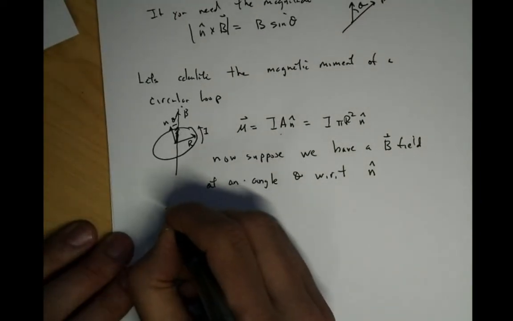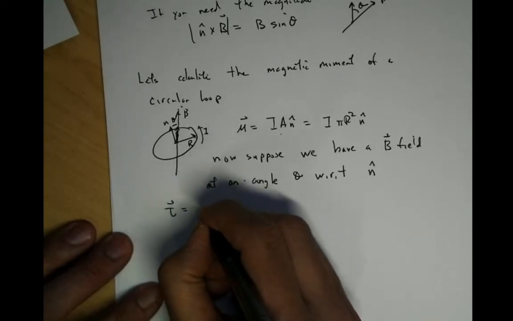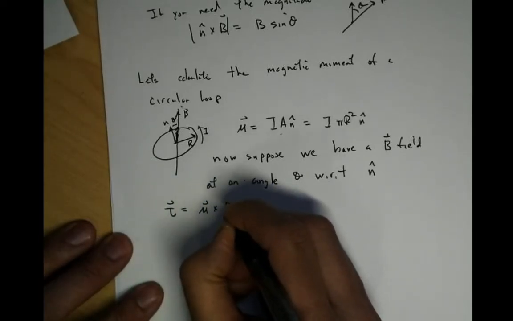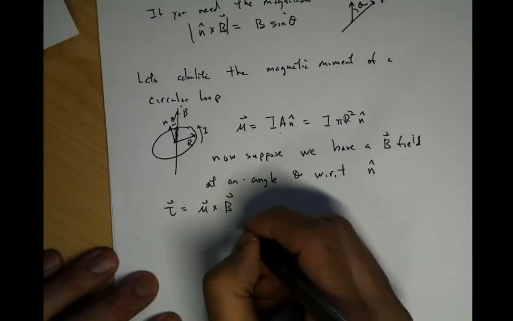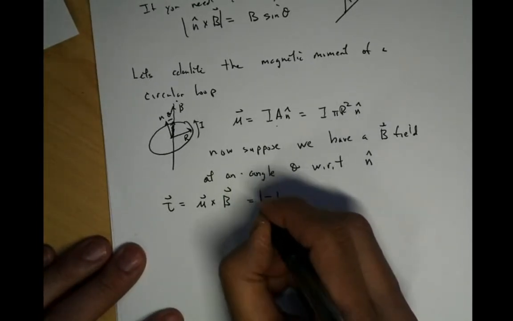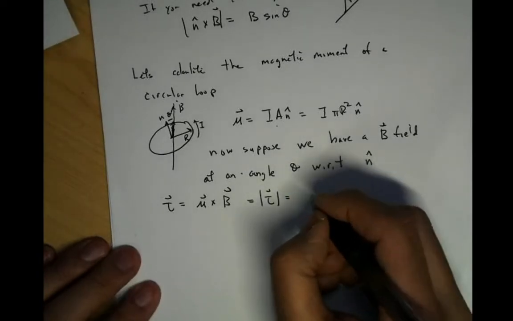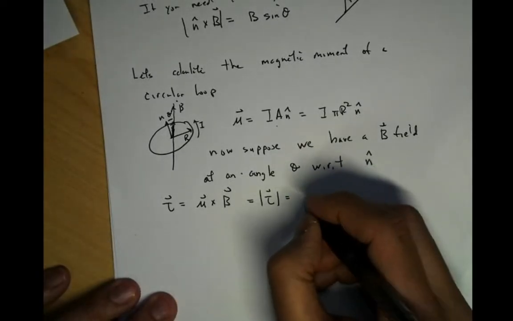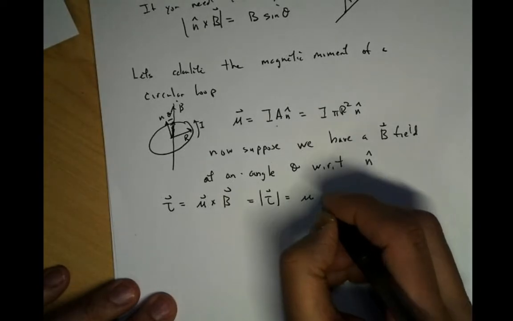Let's compute tau. Tau is going to be equal to mu cross B, right? Which is just going to be, let's get the magnitude, tau is equal to mu, right?